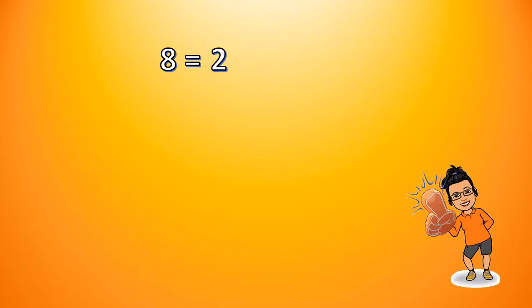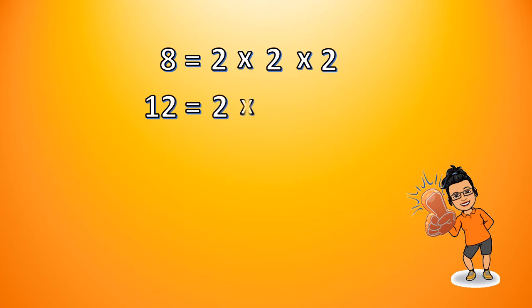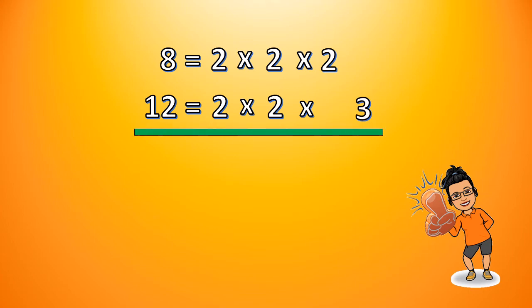Okay, let's now compare the prime factors of 8 and 12. So again, prime factors of 8 are 2 times 2 times 2. And then for 12, we have 2 times 2 times 3. And then we take the common prime factors of 8 and 12.